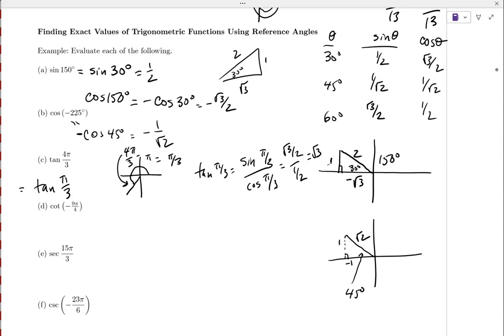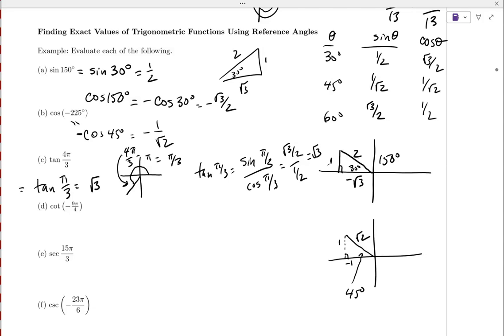So I know this is going to be either positive root 3 or negative root 3. It has to be one or the other. It can't be both. It's a function, so it can't give both answers. The question is whether it's positive or negative.